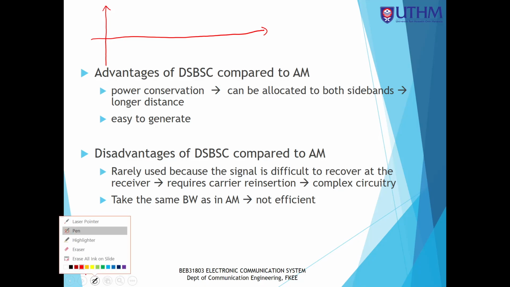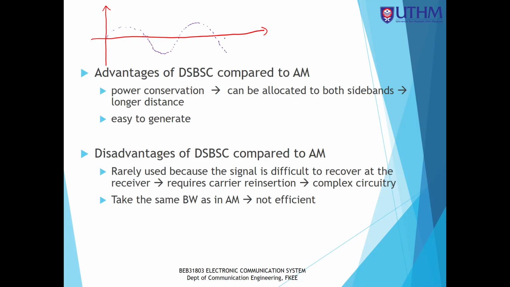So when I want to draw the double sideband suppressed carrier waveform, I will do like this. First, I will do the imaginary line of sine wave like this, and then I will do inverse sine wave imaginary line like this, just for my reference.